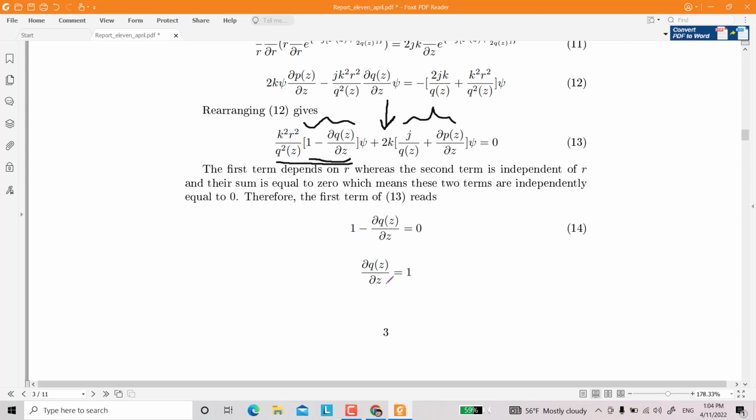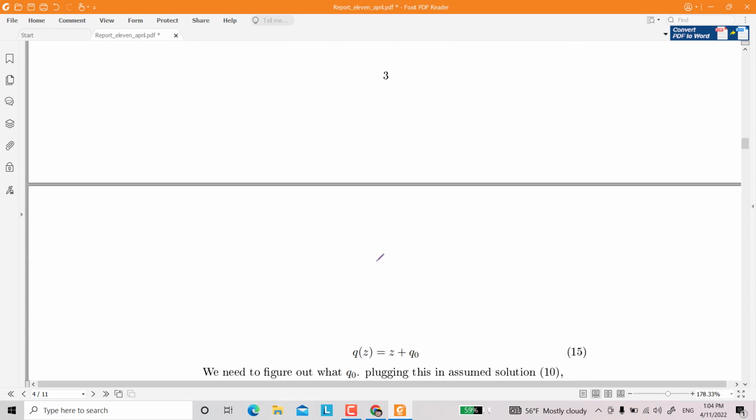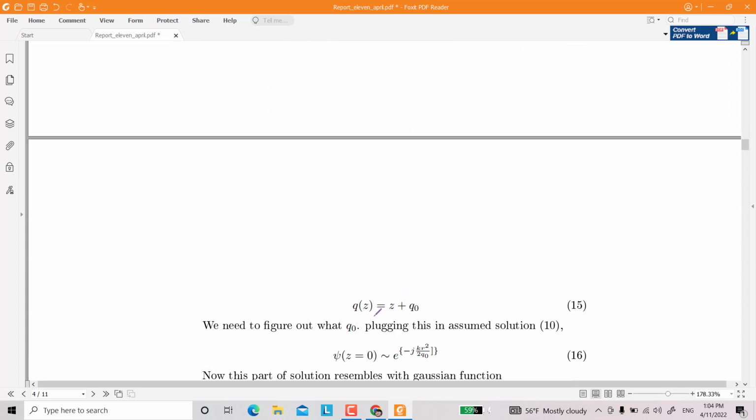So the next task is obvious. We need to find q of z. For that we need to integrate this equation, right? If we integrate this differential equation, we come up with a solution which is q of z equal to z plus some arbitrary constant. We assume this arbitrary constant to be q naught.